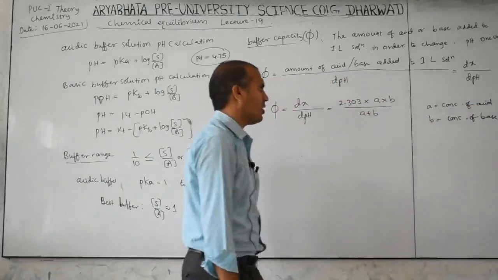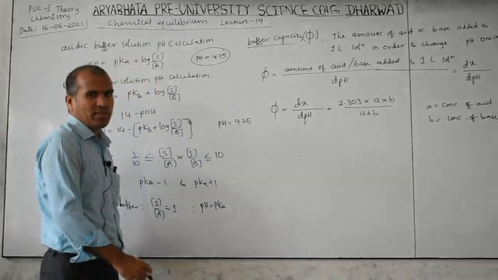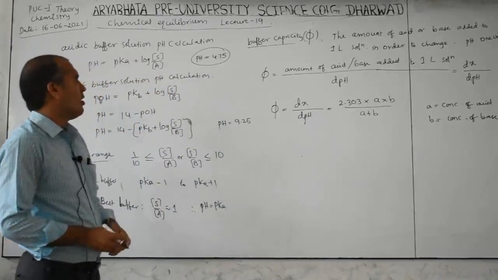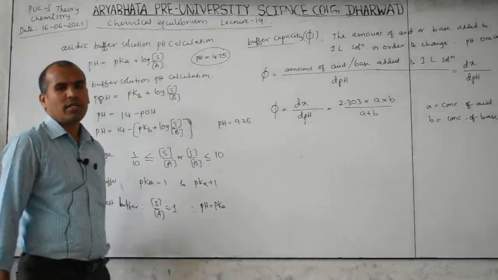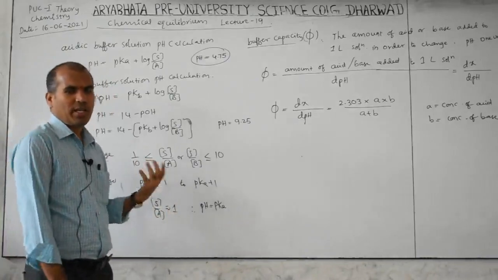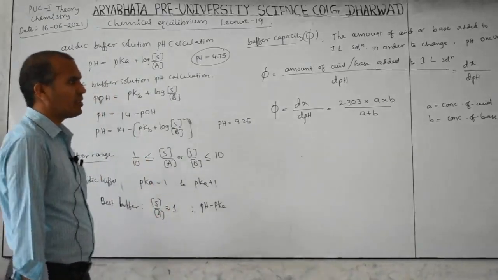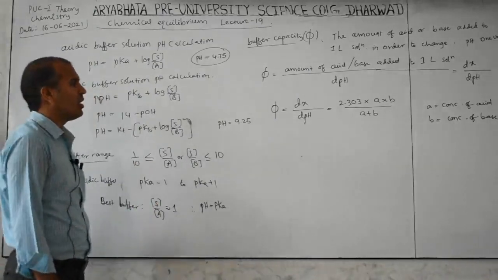Remaining everything you know. Okay, so this is about the buffer solution and buffer capacity. In your textbook only a little bit is given, but I gave examples and their pH calculation, buffer range, best buffer and buffer capacity, everything very clearly.